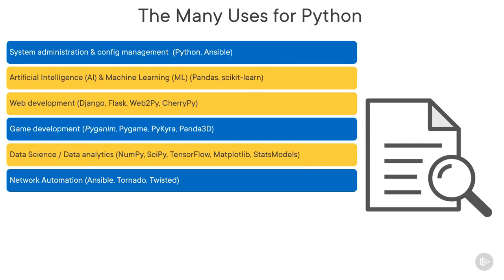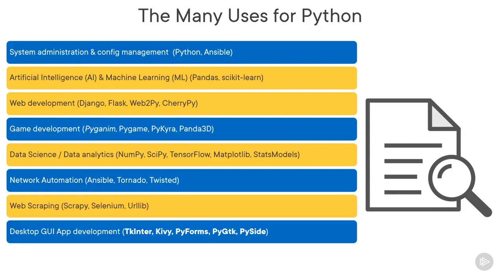You also could put Salt in there. And you could actually put Salt in system administration and config management as well. And Salt is another common sysadmin, config management, DevOps tool that's heavily used in environments today. And it's often used with network automation as well. And the reason I bring up Salt is because it was also written on top of Python. And so Python is powering that tool as well.